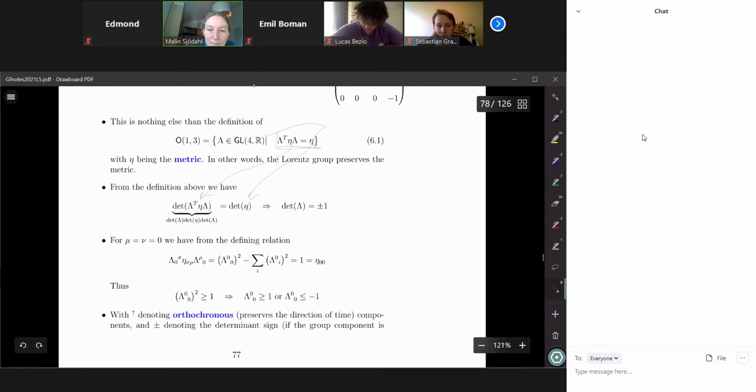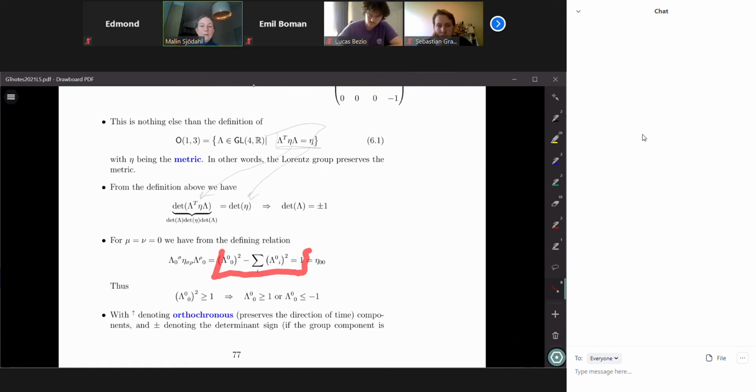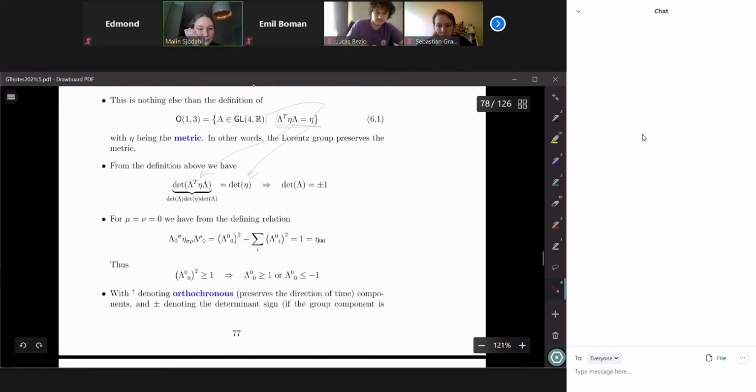All of this should be eta 0, 0, so it should be 1. So what we are looking for is then the set of transformations fulfilling this. So now probably the starting point from special relativity. Okay.